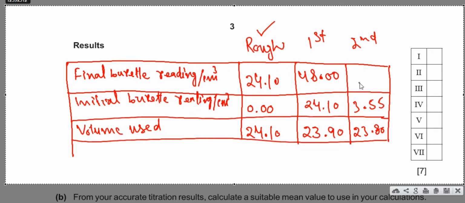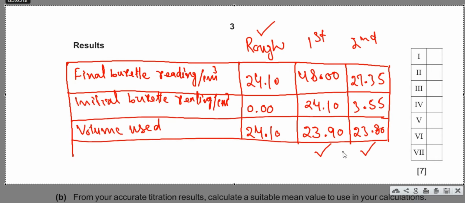Let me add again with the calculator: 23.80 plus 3.55. Your final reading should be 27.35. Now this table is complete, and it clearly shows that these are your consistent results.